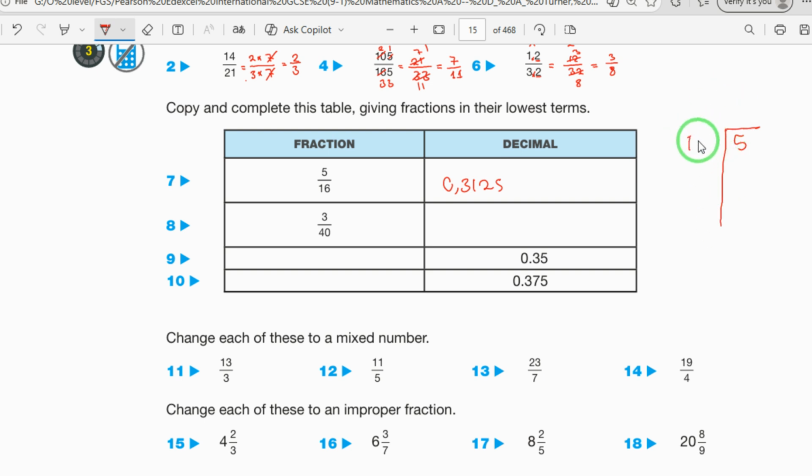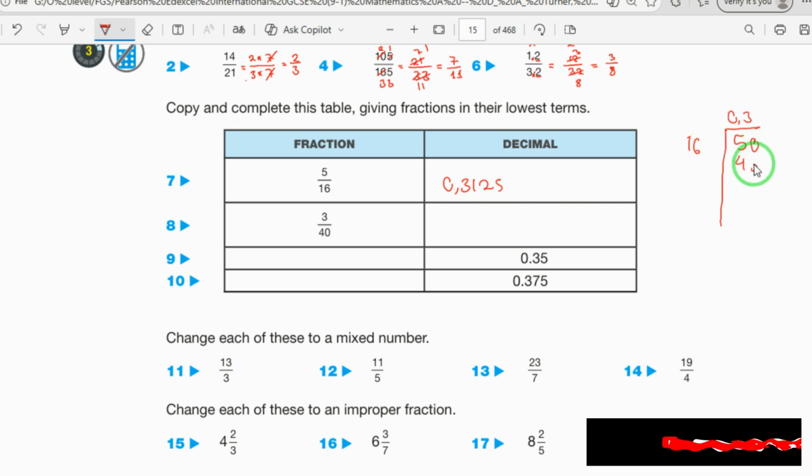We write 16 here. Now we add 0 point here, and we add 0 on the right side of 5. Now we take 3 times 16 is 48, and we subtract. Here remains only 2. Now we add another 0 and bring down this 0 to the right side.